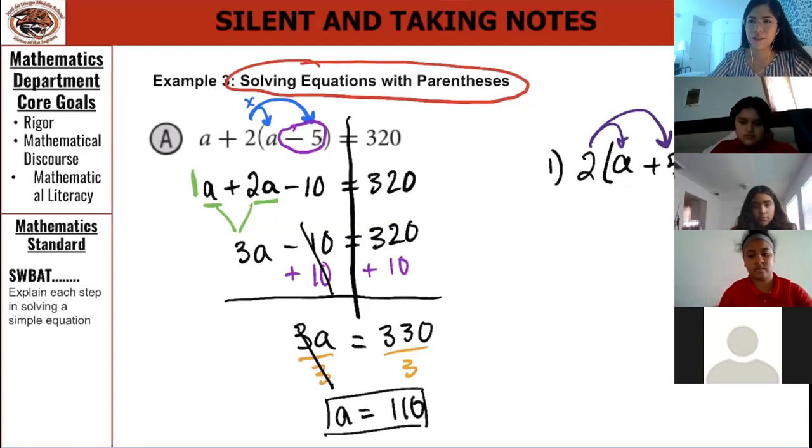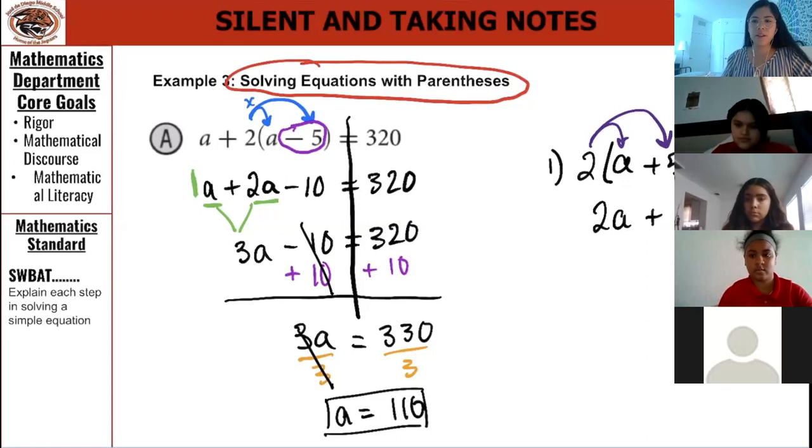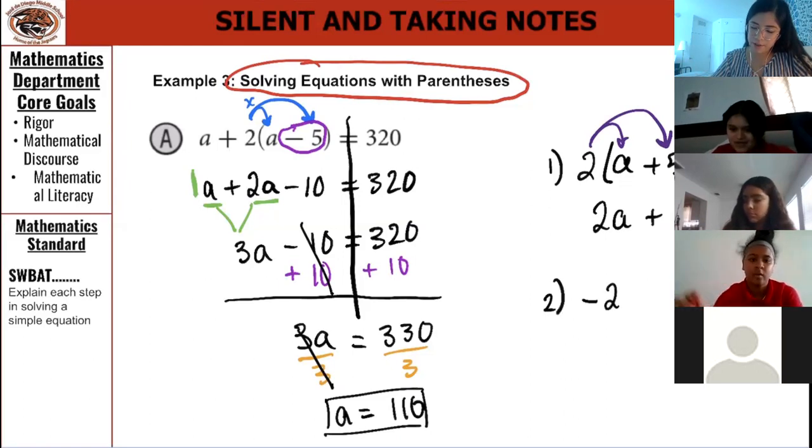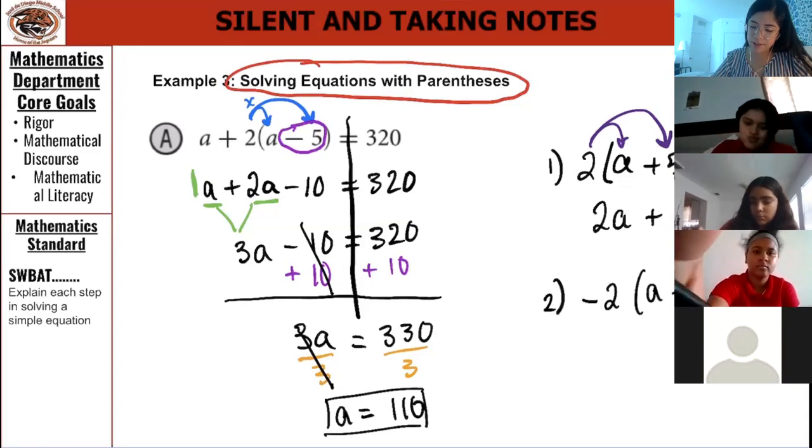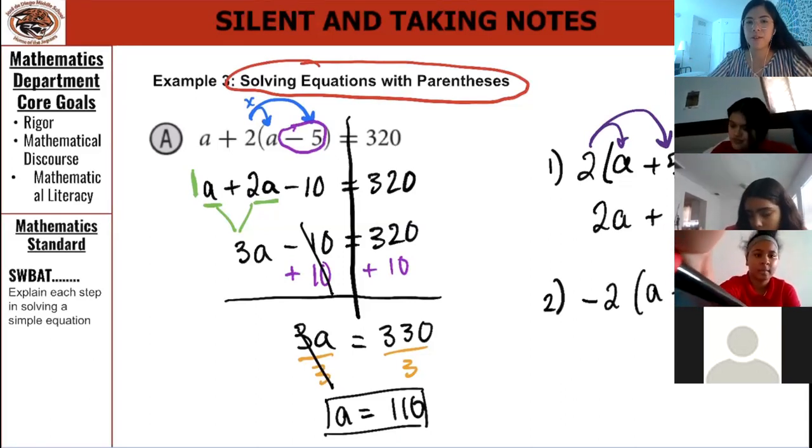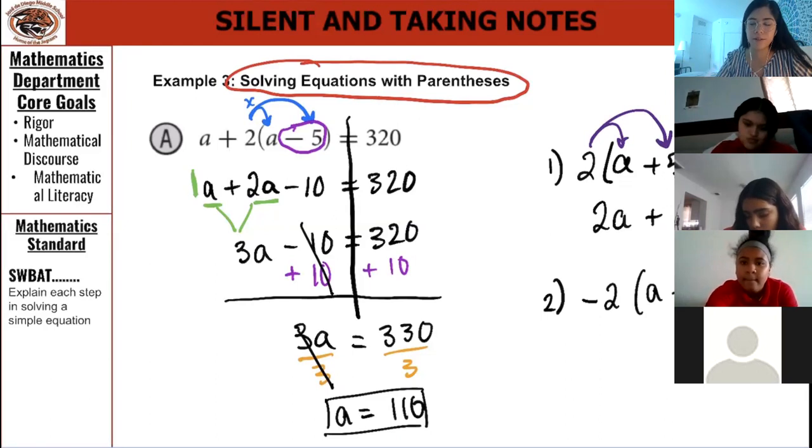And my connection's a little bit slow, so it's a little bit laggy, but okay, there you go. So 2a plus 10. But then, here's example number 2. Let's say I had a negative 2 times a minus 5. So in the original problem, there's a plus sign in front of the 2, but let's say there was a minus sign in front of the 2.